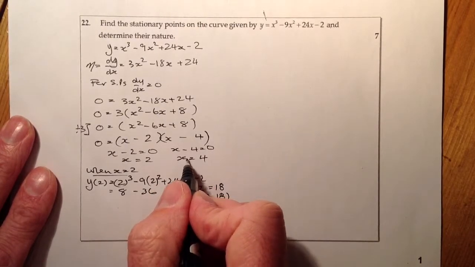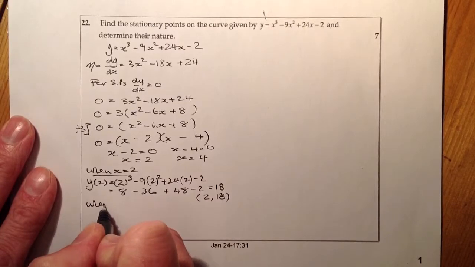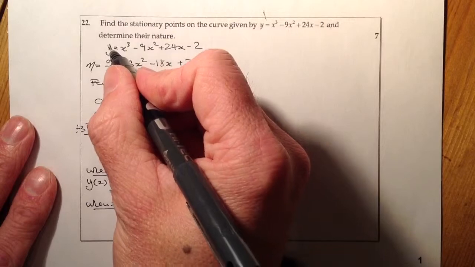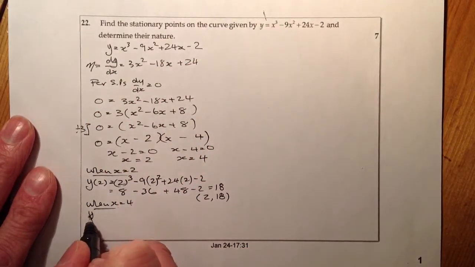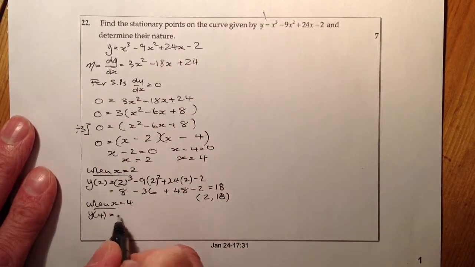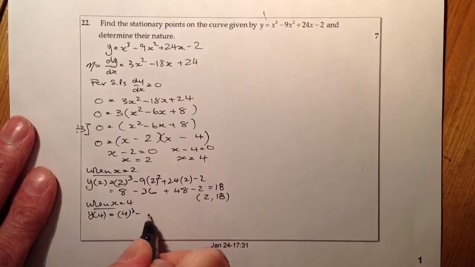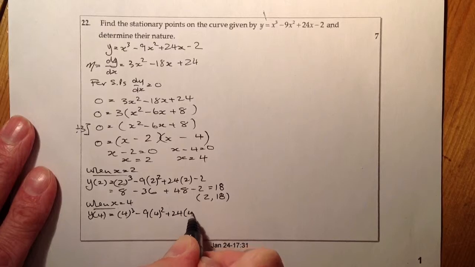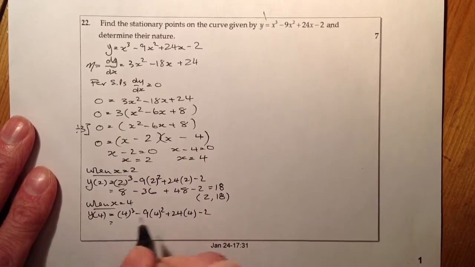I'll then work out when x is equal to 4. So when x equals 4, I'll work out the y coordinate. Back up again where it says y equals. So I've got 4 cubed minus 9 times 4 squared plus 24 times 4, and minus 2. Let's work that through. 4 cubed is going to be 64.